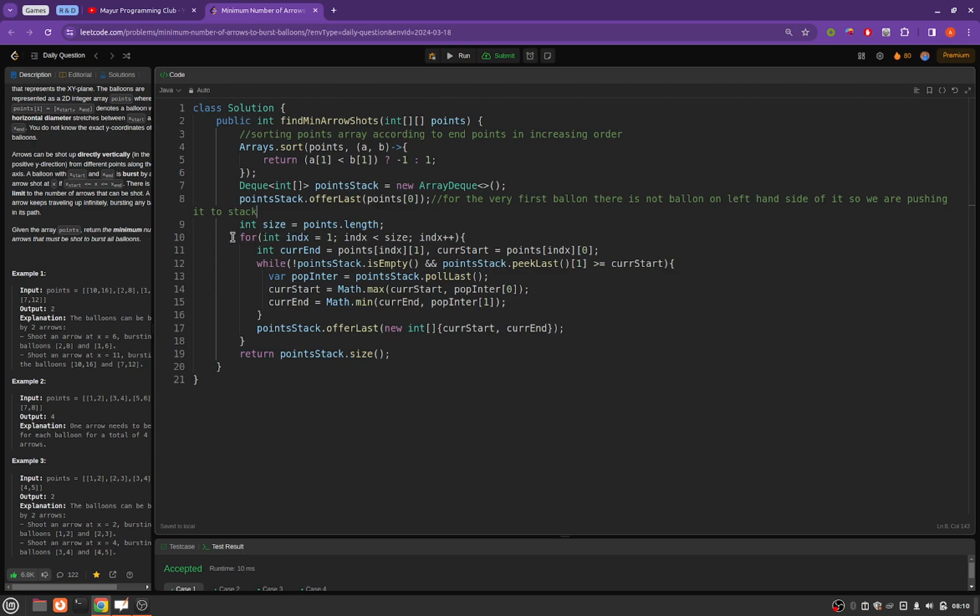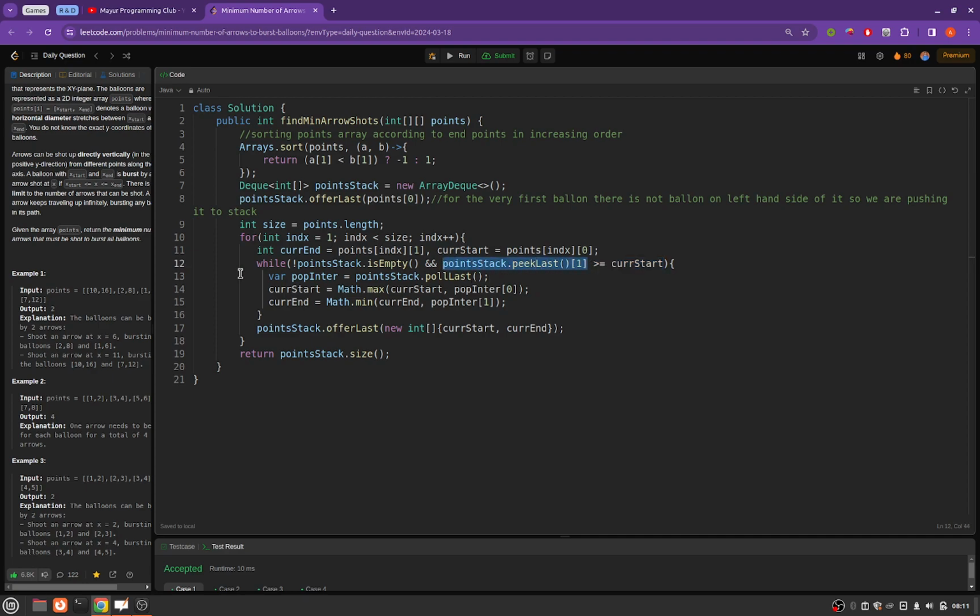And then you will be doing a linear traversal of your sorted points array. You will be taking the values of current end and current start, and this will be the condition for overlap. This is your previous end.